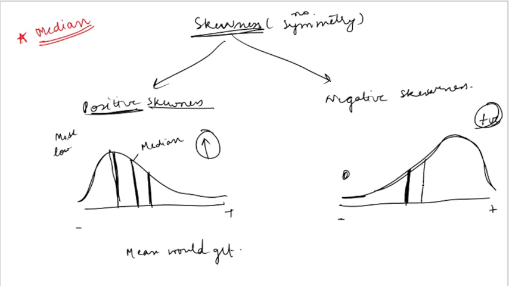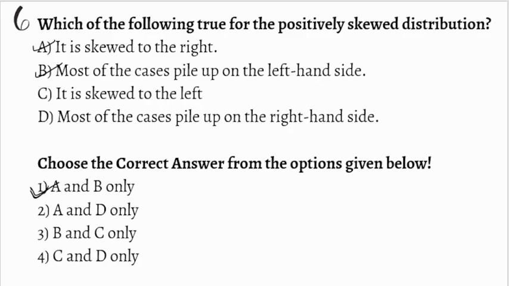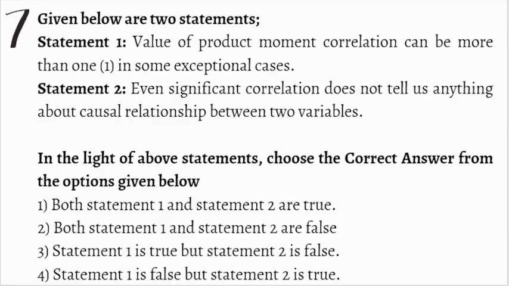Here the median or the midpoint would again be the best indicator for central tendency, and the mode is here. Most of the people are here. So median is the best indicator whenever we are dealing with positively skewed or negatively skewed distributions. We are done with this question. Moving ahead to the next question, please give it a read.